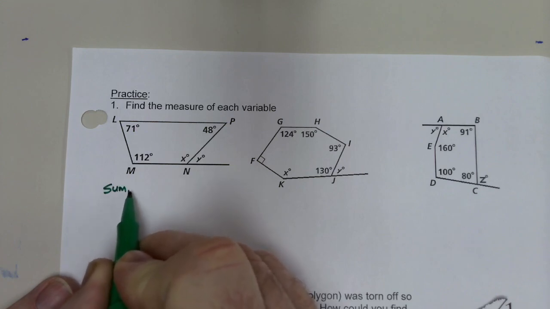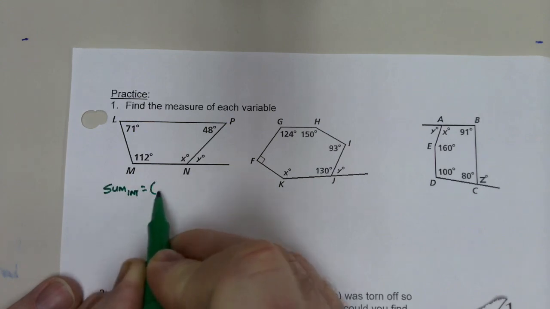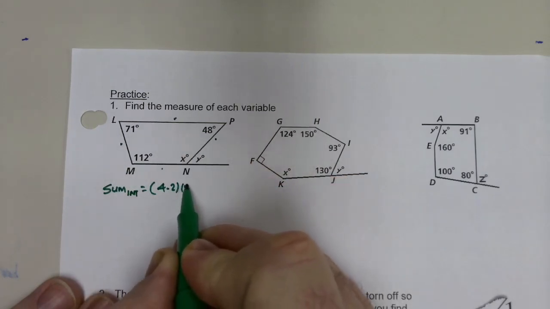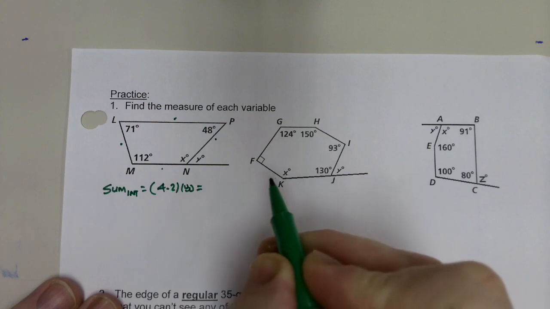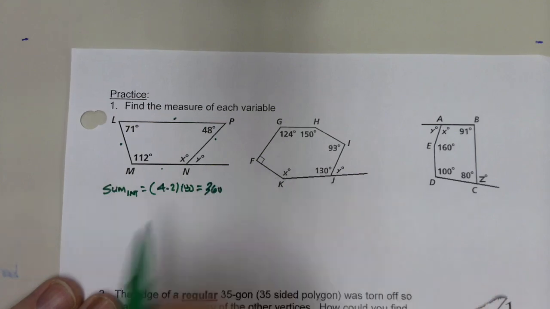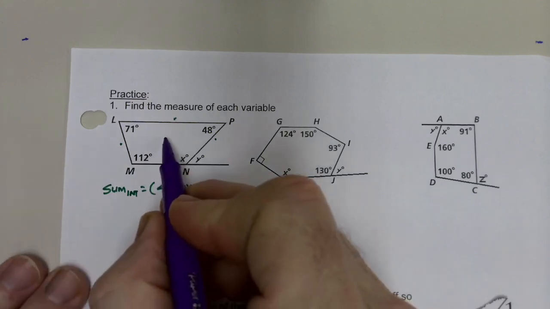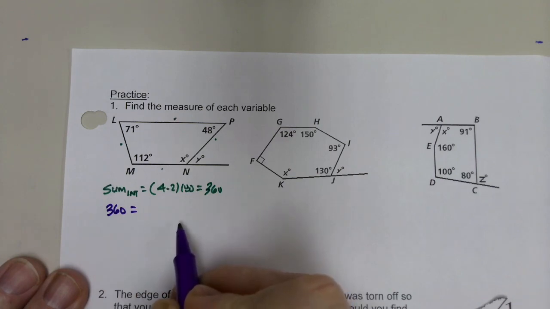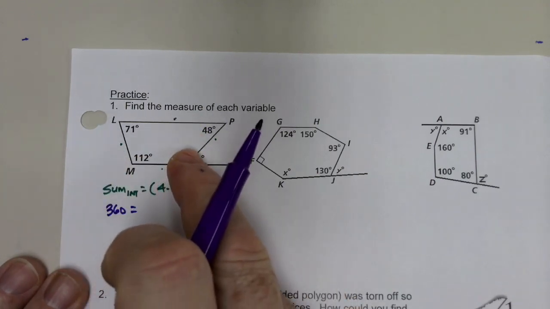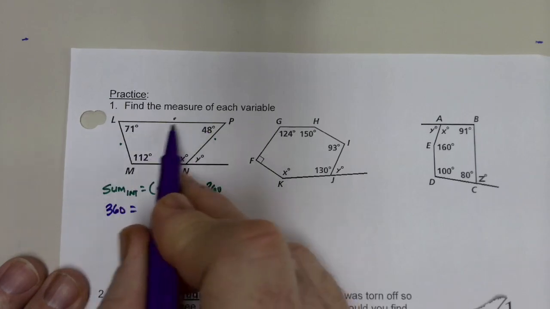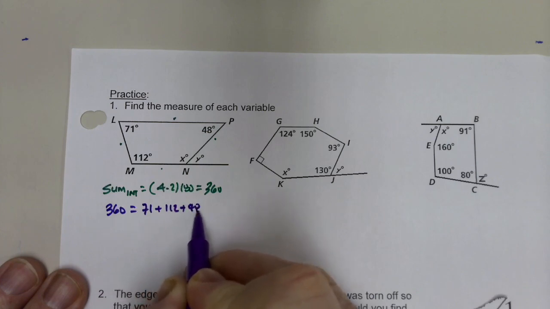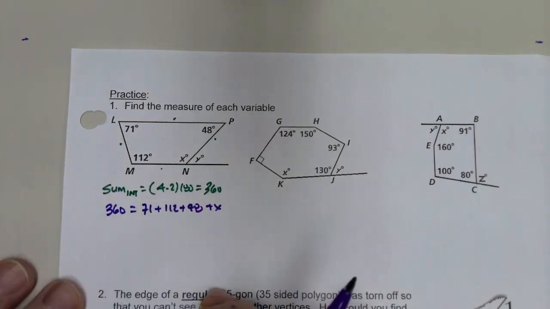The sum of all of the interior angles here will be 1, 2, 3, 4 sides, 4 minus 2 times 180, which would be 2 times 180 or 360 degrees. So now we know what the sum of all of these will be. That's going to be 360. So to find x, well, we know that all 4 of these, the 71 plus the 112 plus the 48 plus the x, would equal 360.